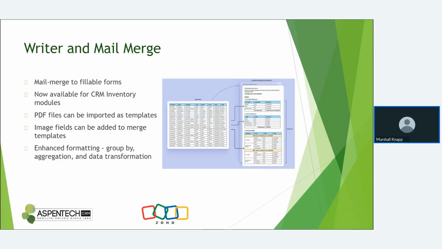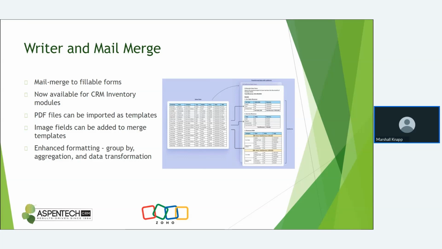One of the other enhancements is that Zoho Writer and the mail merge capabilities are now available for the CRM inventory modules. So things like quotes and sales orders and invoices and purchase orders. You used to have to go into the setup and go into the inventory templates, which were more like HTML-based templates that were difficult to edit.